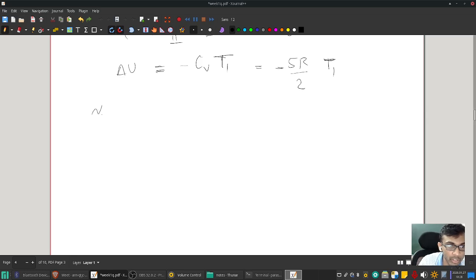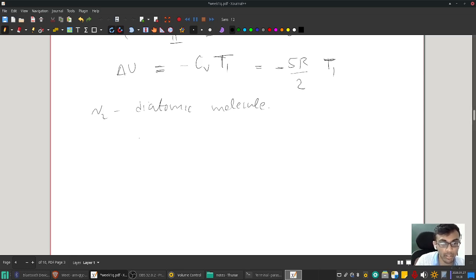Nitrogen gas is made up of diatomic molecules, and you have 3 translational plus 2 rotational degrees of freedom that will contribute to specific heat.